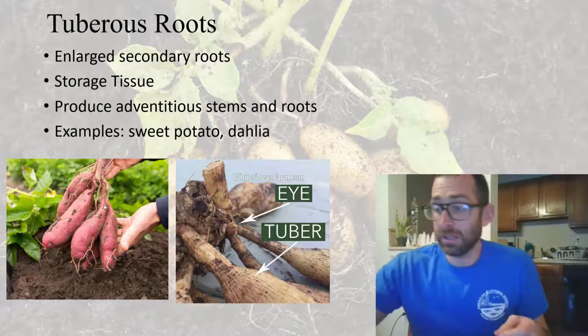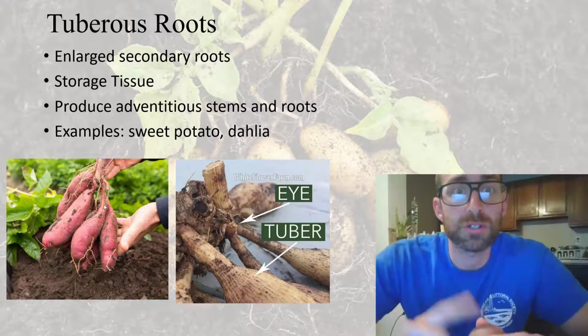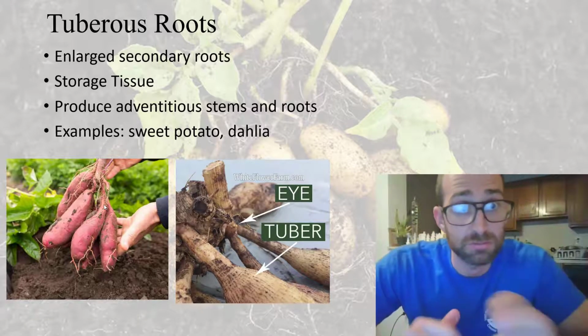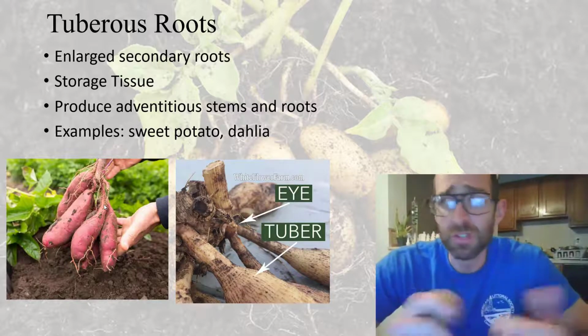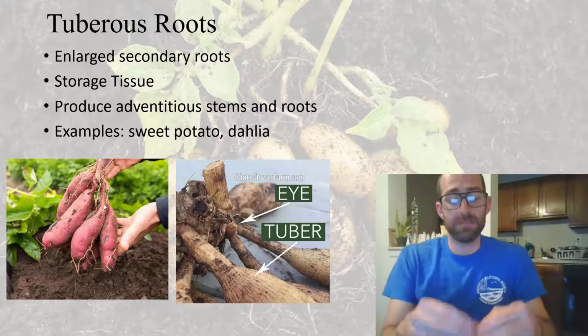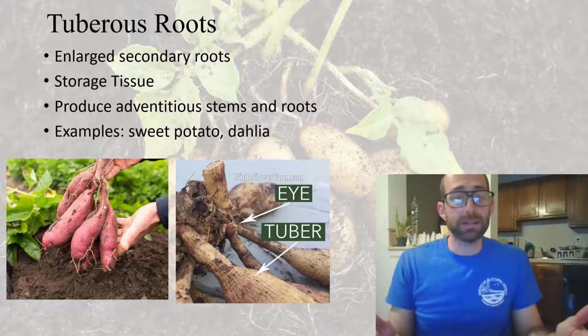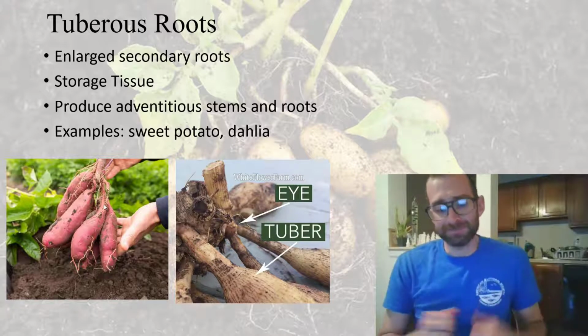You don't even need any nutrient-rich soil because this is a storage tissue. It has all the nutrients it needs in here. So you can just grow them in sand. You would lay them down horizontally in a container that you have filled with sand. You could put them about halfway in.